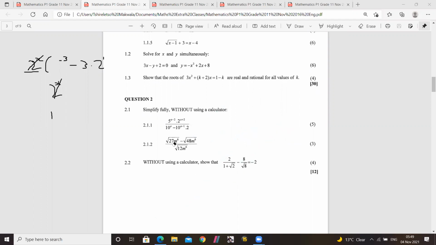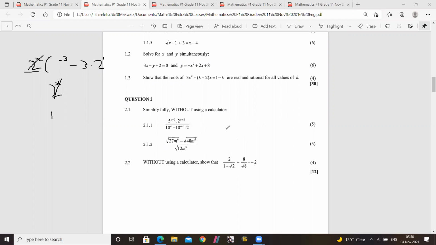Even here, do you see? It says simplify without using a calculator. There's a minus here, so that means there is a common factor somewhere. Let me show you. They said the square root of 27 m to the power of 6.